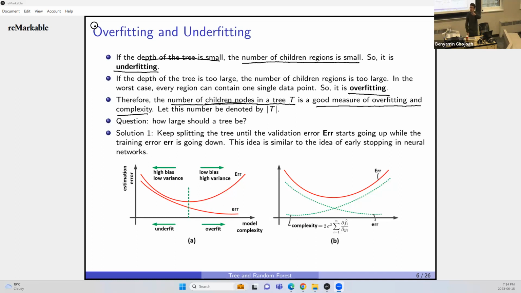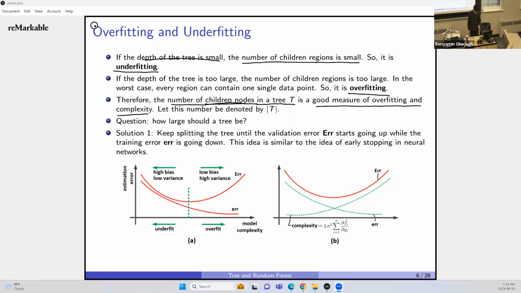Every region will have 1 point, because for a region without any point, we can't estimate anything, right? So every point will fall in one region. It's the worst case scenario, right? That's complete overfitting. Underfitting is not good, overfitting is not good. We need a middle case scenario.